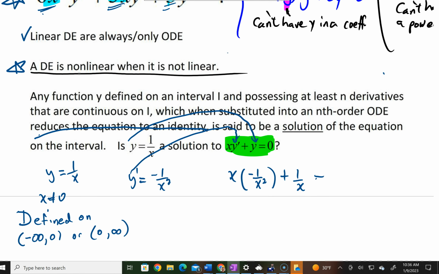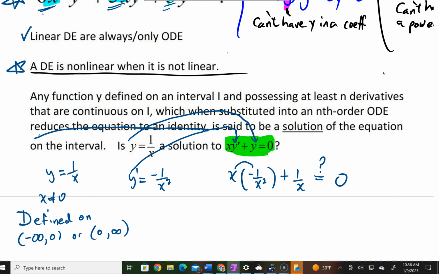And notice what I'm going to write here: equals with a question mark. I'm trying to see if this is really an identity, if it's really true. So whatever function you're saying is a solution, replace that in the differential equation, plug any derivatives in, and then simplify.